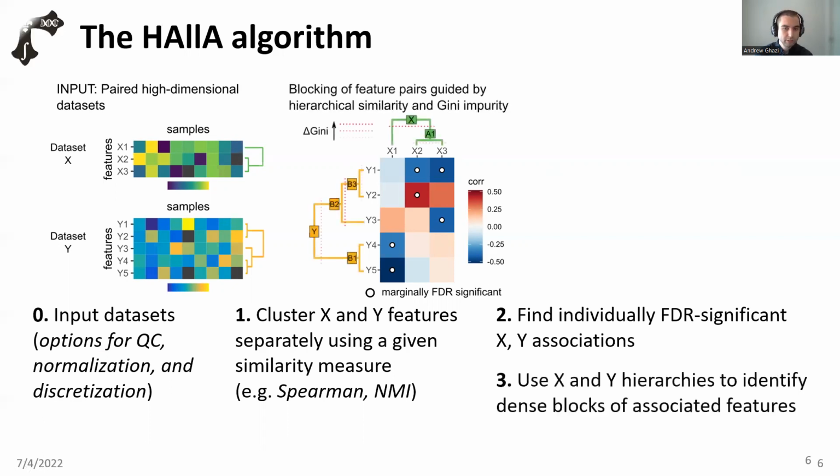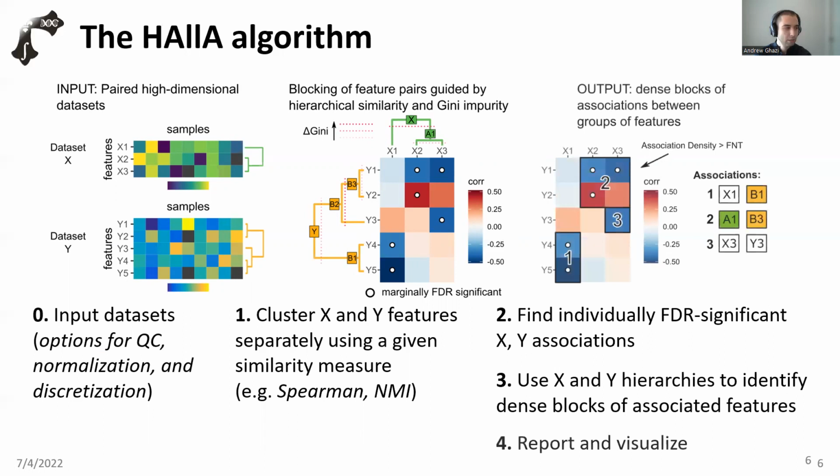And then we use the hierarchies that we computed earlier to descend within the all versus all association matrix and find dense blocks of features. And so what we get at the end is an association matrix that has this nice blocking of groups of features. And that's what we report and visualize at the end.